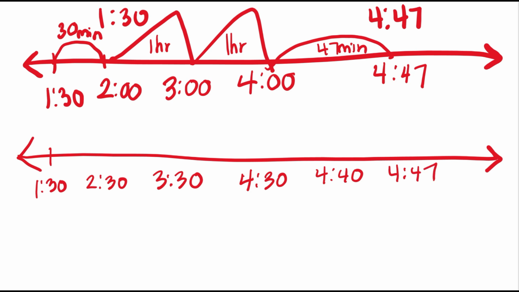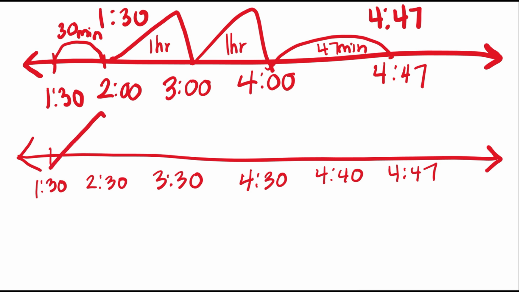If you have a lot of students who are still at that counting on stage, then they might have to go 4:40, 4:41, 4:42, 4:43. So students should be able to see that they have that option. Not all students see how they can jump from 4:30 to 4:40 or 4:30 to 4:47. So you may have to step that out even more and make it okay if they want to make smaller jumps.